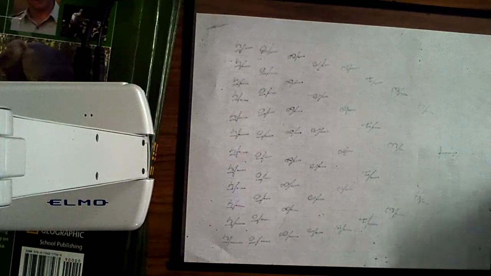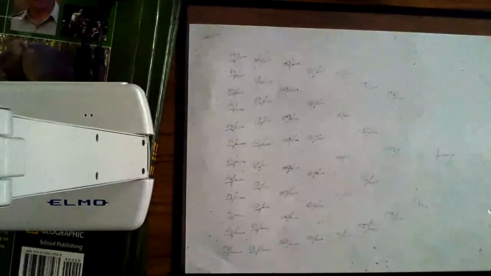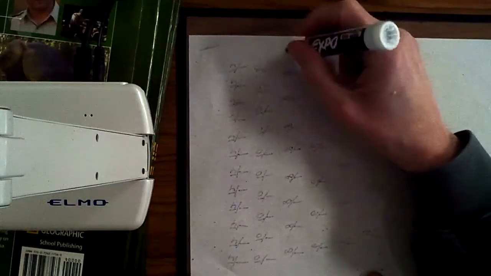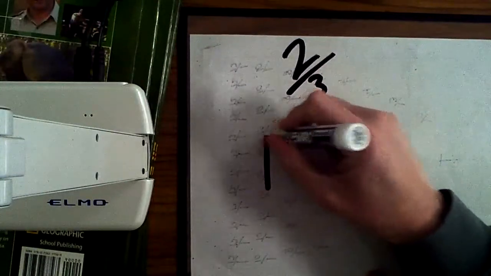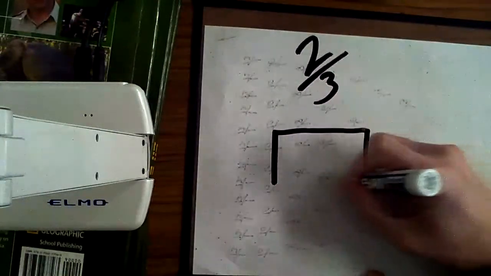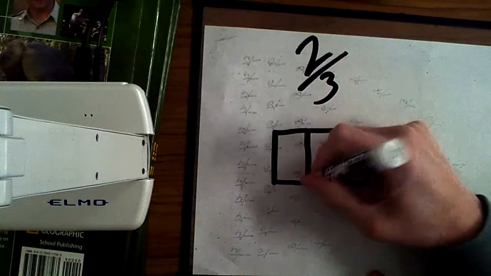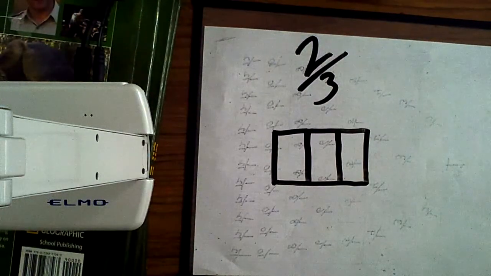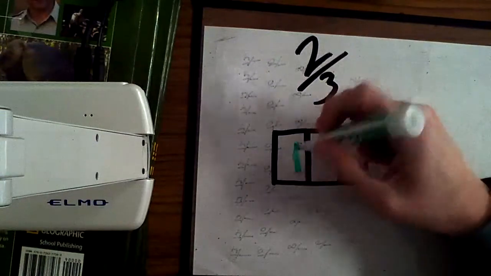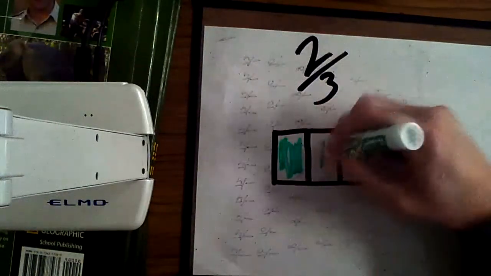So let's take a look here at, let's say, let's look at the fraction 2/3. So 2/3 looks like this. Got 3 parts, and then we color in 2 of them.